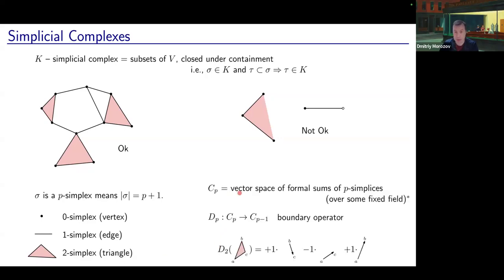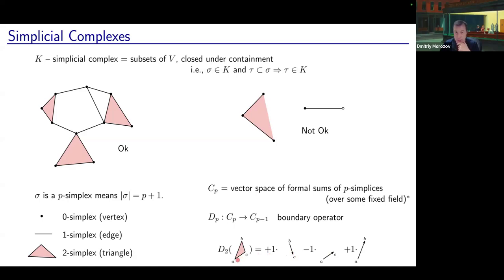And we had the chain complex, so C_p was a vector space of formal sums of p-simplices. And we had a boundary operator from C_p to C_{p-1} that, defined on the basis elements, took each simplex into this alternating sum of its faces, codimension 1 simplices.